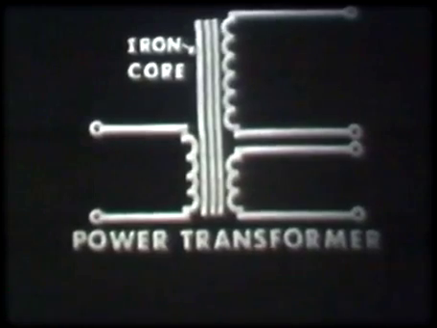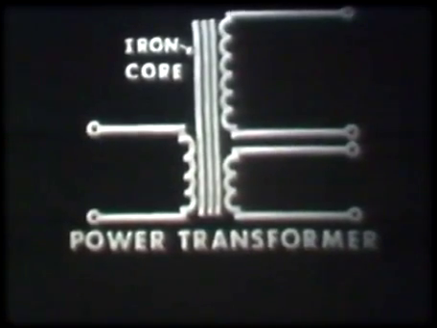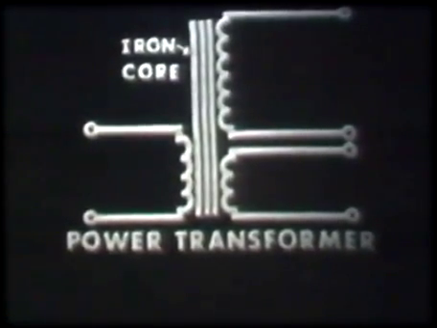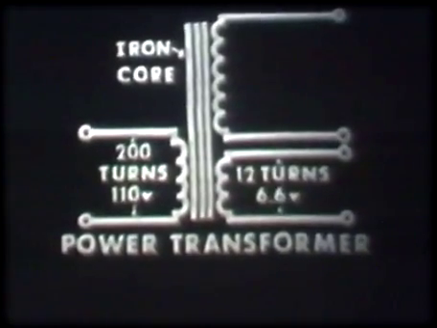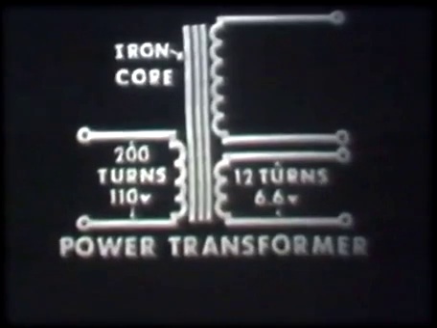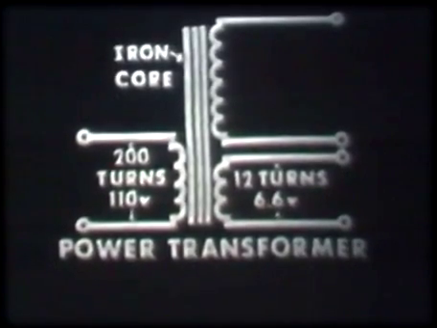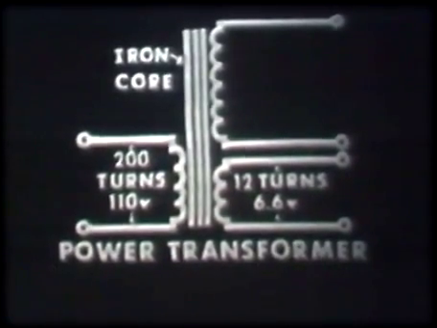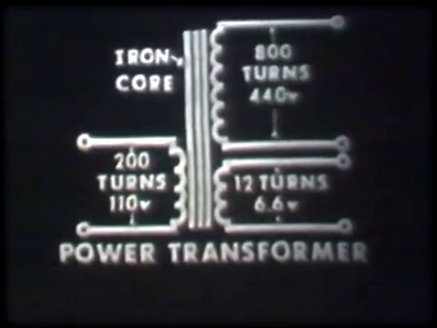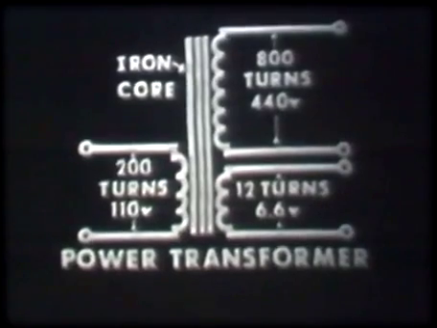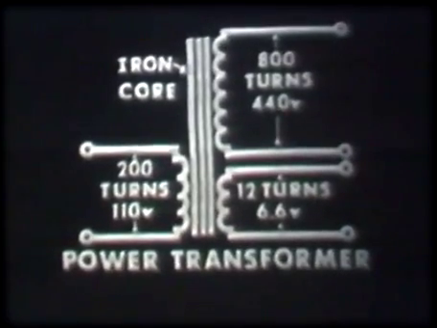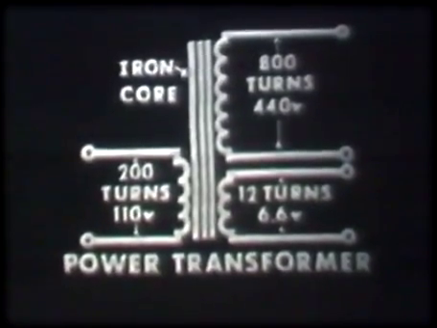You'll notice that each secondary has a different number of turns. One of the secondaries has fewer turns than the primary. Therefore, it produces less voltage than that applied to the primary. The other secondary, though, has more turns, thus produces more voltage. You'll also notice that the power transformer is constructed with an iron core.